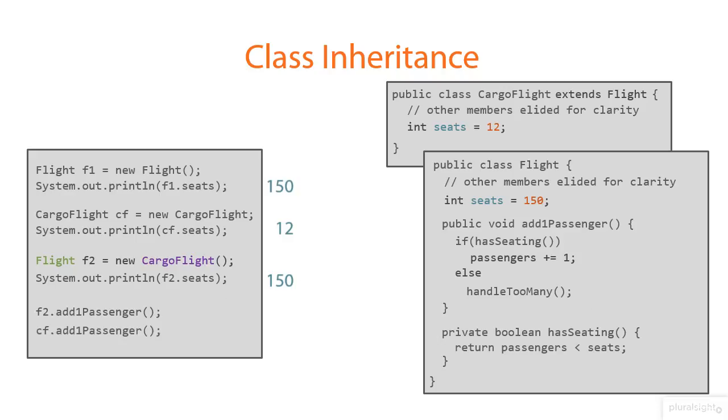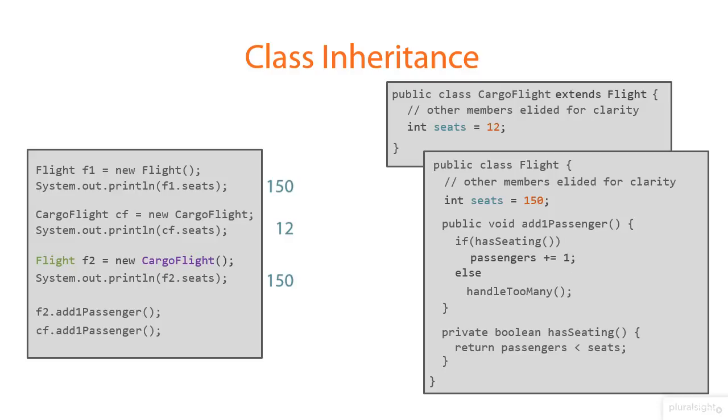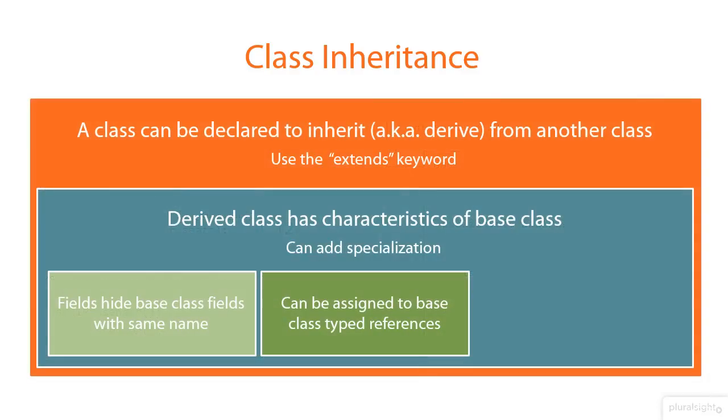If we say cf.add1passenger, and CF is of type cargo flight, because add1passenger calls hasSeating, and hasSeating is implemented inside the flight class, it would still use the value of 150, because within that method it only knows about the fields defined within flight. So you can see this idea of hiding fields is a very dangerous thing, so I'm going to highlight that in red.